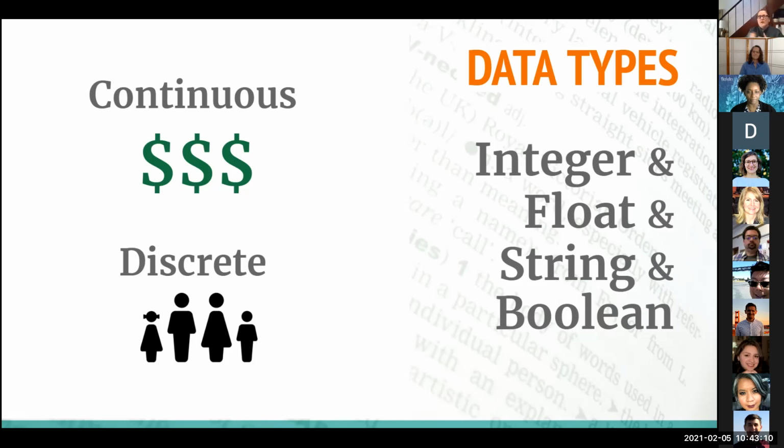Integer and float are both numbers. They can have traditional math done to them. And string is characters, so text. And string also overrides everything else. So if you have a number with one letter in it, then the whole field becomes string. And then Boolean is just yes or no, true or false.